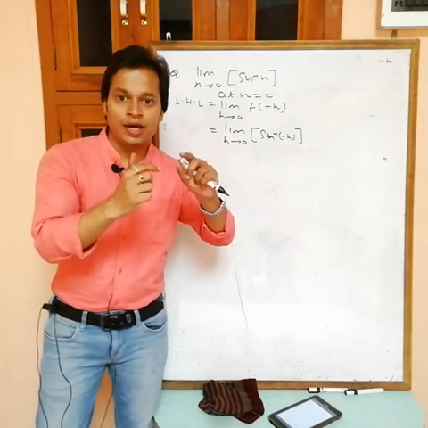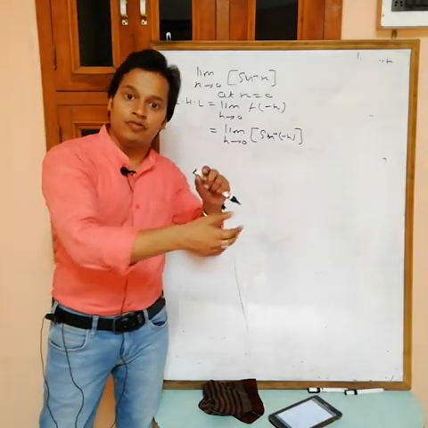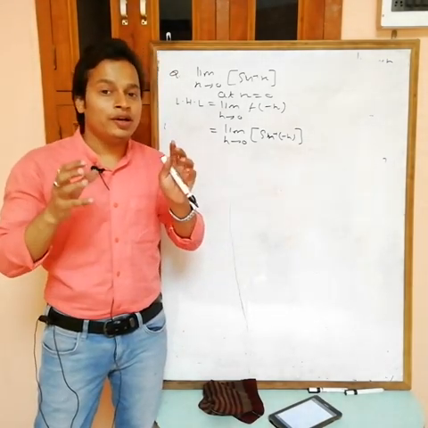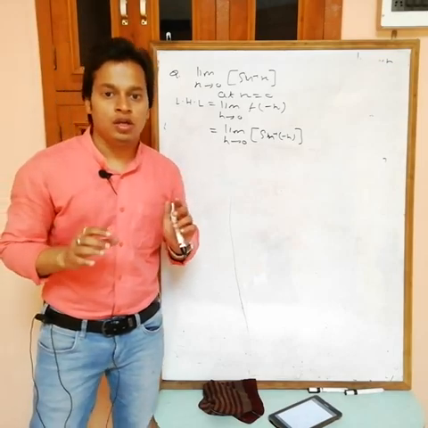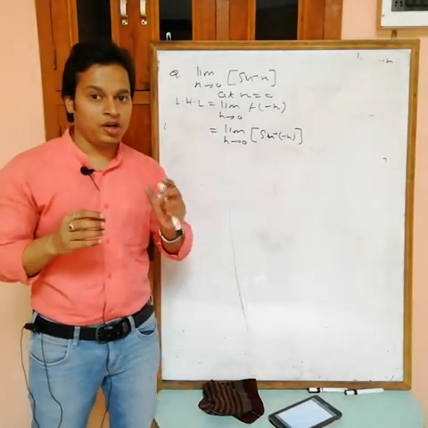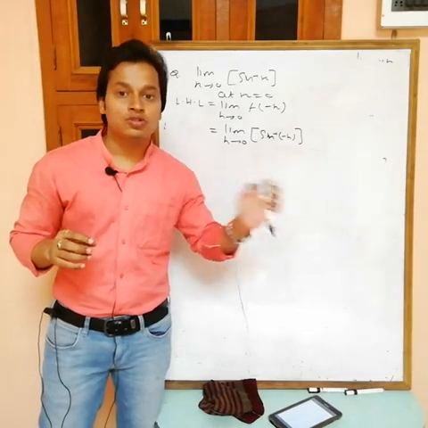So in 1 and 0.9999999 we have only a minor difference, but in the greatest integer of these two we have a major difference. The value for 1 is 1 and for 0.999 it is 0.